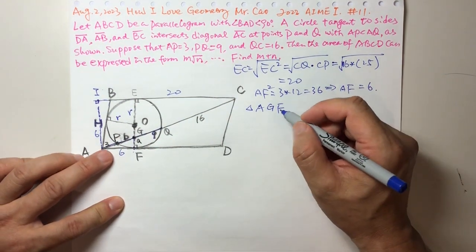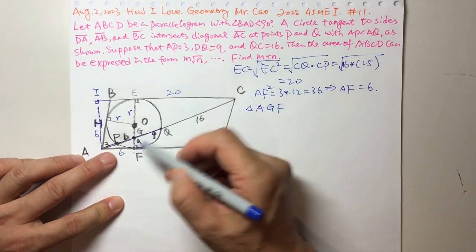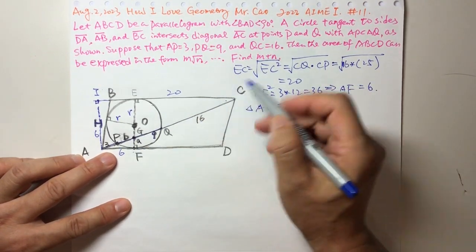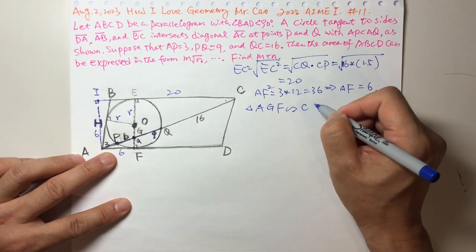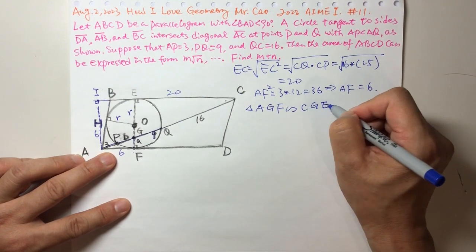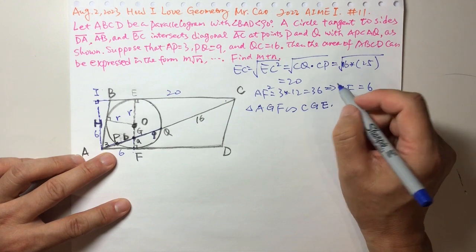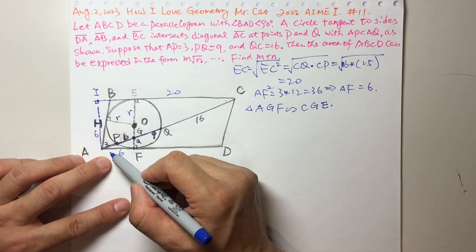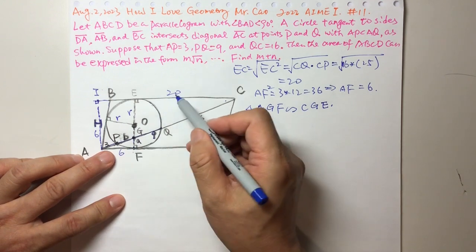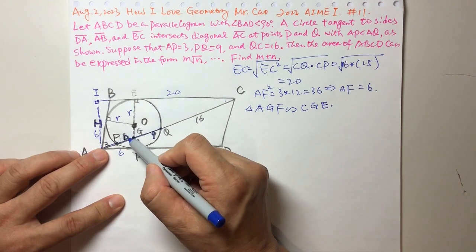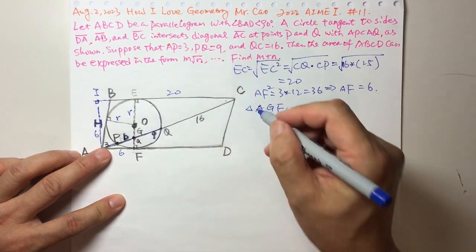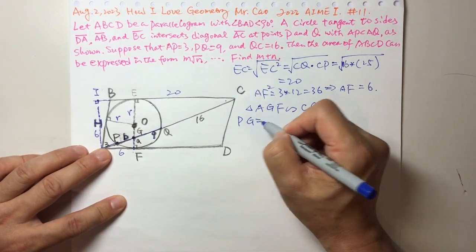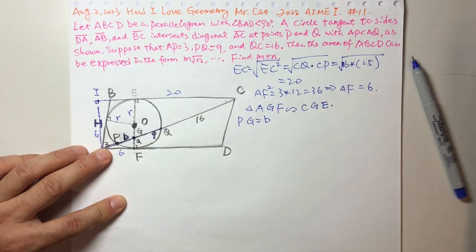So triangle AGF is similar to triangle CGE, using this angle and this angle. Then what can we get? So this is 6 to this one. First we want to find B, right? We let PG equal B, this part.